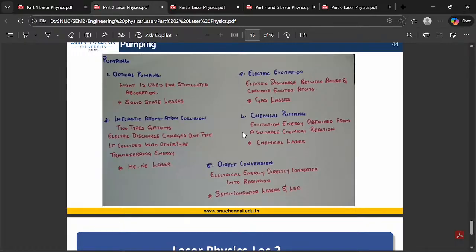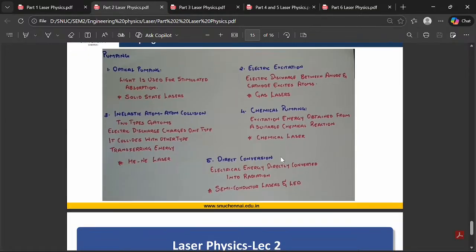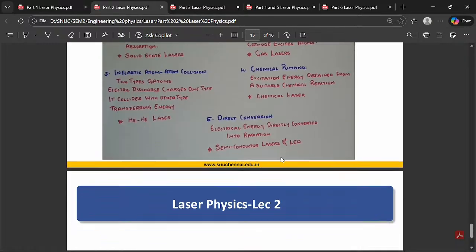Electric excitation uses an electric discharge, and chemical pumping uses a chemical reaction to pump the electrons to the excited state and achieve the metastable state. Let's move on to the third part of laser physics.